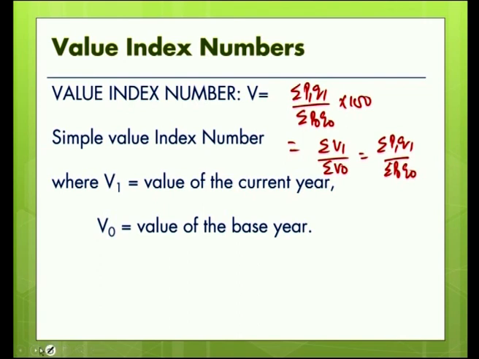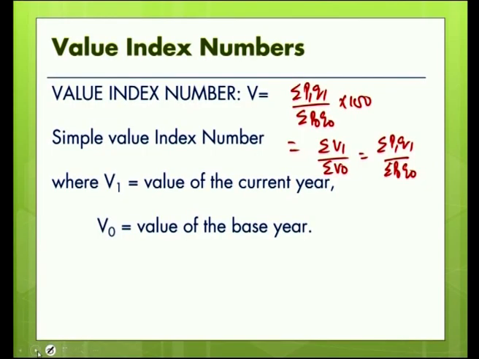So, V1 is the value of the current year and V0 is the value of the base year. We have also worked out some problems in value index number already, because a value is nothing but a product of a price and quantity. Since we have discussed how to compute price and quantity index numbers, for value you have to just multiply with the summations.